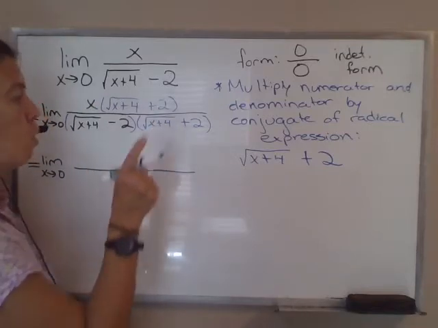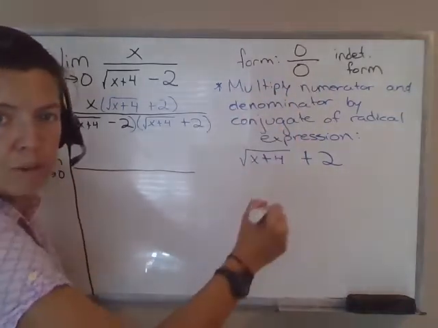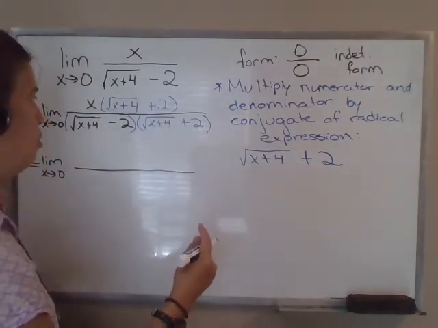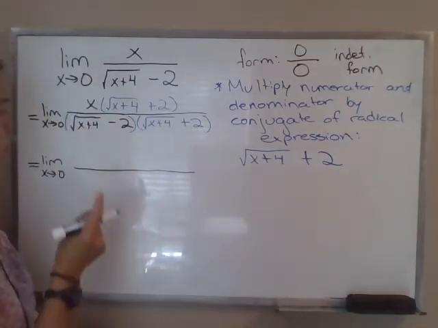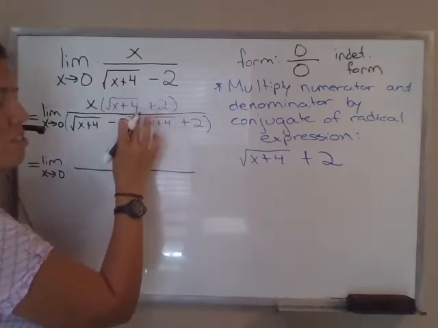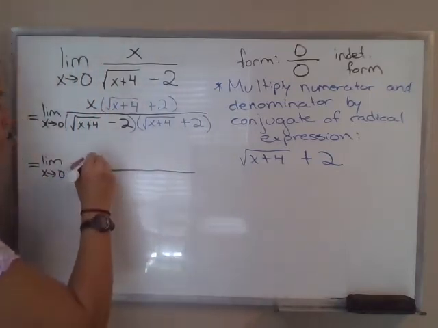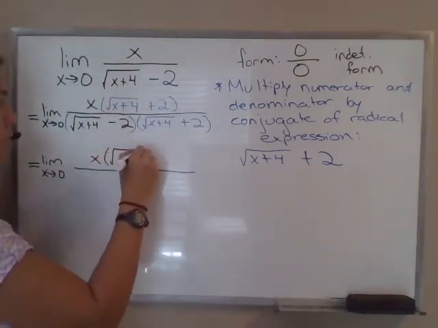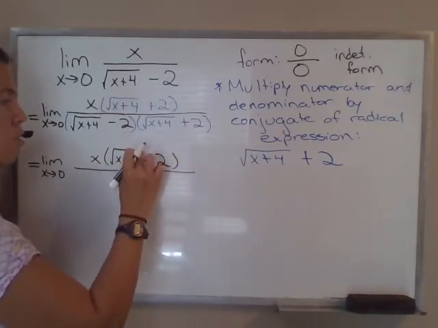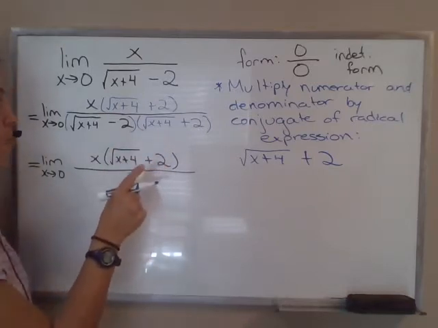And the reason is, I said before with this 0 over 0, we're hoping to eventually cancel some common factor that's making the numerator and the denominator both equal to 0 when we plug in x equals 0. So we're hoping to cancel a common factor. Distributing x in the numerator is not going to help us in terms of canceling a common factor. So we want to leave the numerator in the factored form. Where you're multiplying conjugates, though, you should multiply that out.